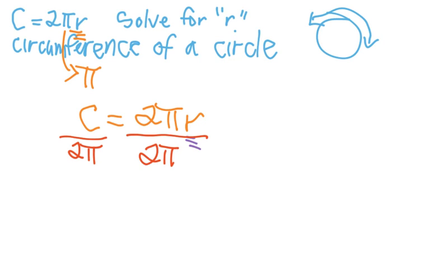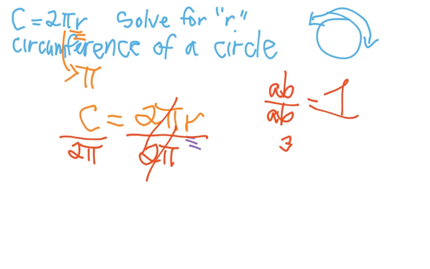2 pi divided by 2 pi is 1. It's like this, ladies and gentlemen. If I have AB and I divide it by AB, this is equal to 1. Just like if I say 3 over 3, this is equal to 1.